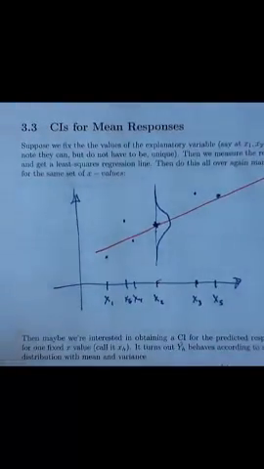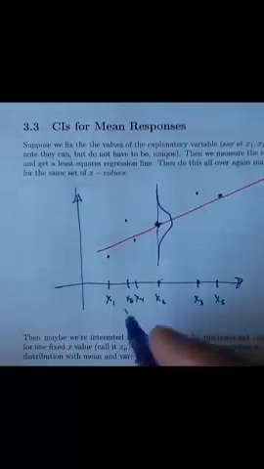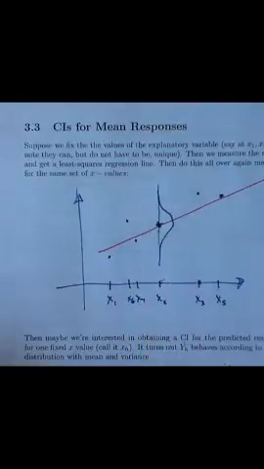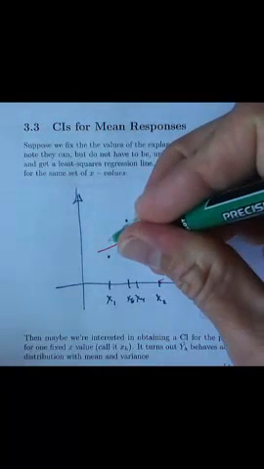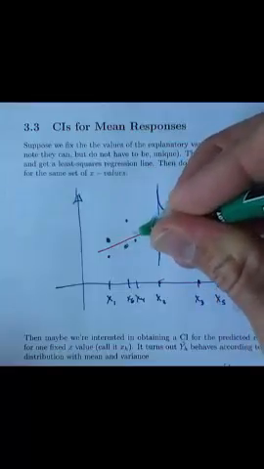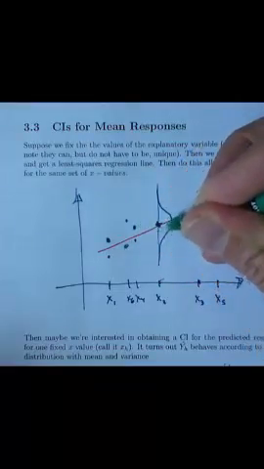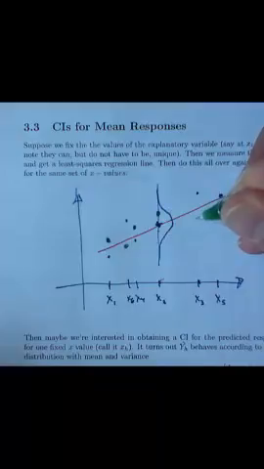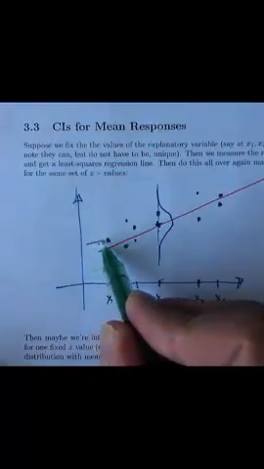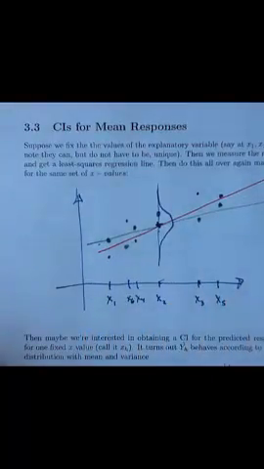Of course, if you took some data at these points, you may get a point pattern like this, and you get a regression line that goes like that. If you came along here again and took another set of observations, here in green, it's possible that you might get a regression line that runs through that way.